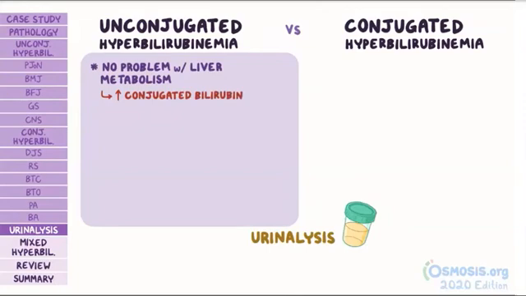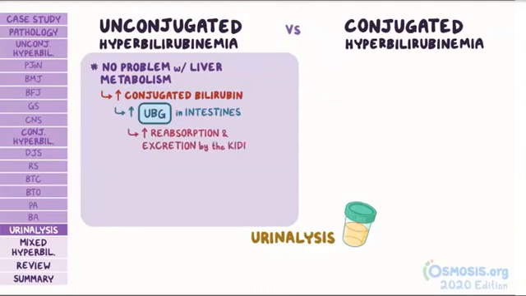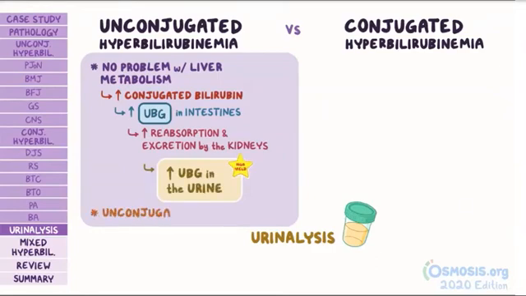This means that individuals with unconjugated hyperbilirubinemia have more urobilinogen in the intestines. More urobilinogen means more reabsorption and excretion by the kidneys. Therefore, these individuals have increased levels of urobilinogen in urine. But it's important to note that unconjugated bilirubin is not increased, since it's not water-soluble. Therefore, it can't be excreted in the urine.